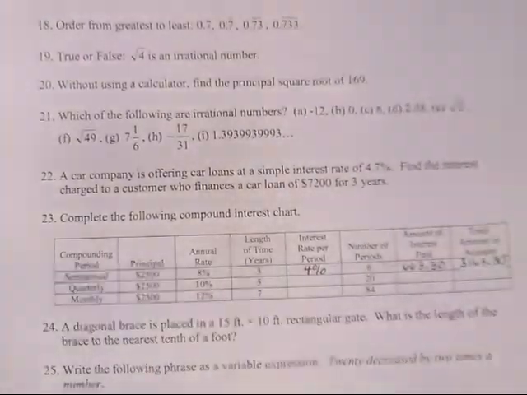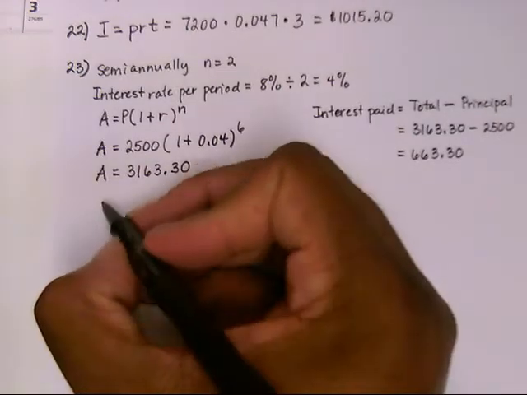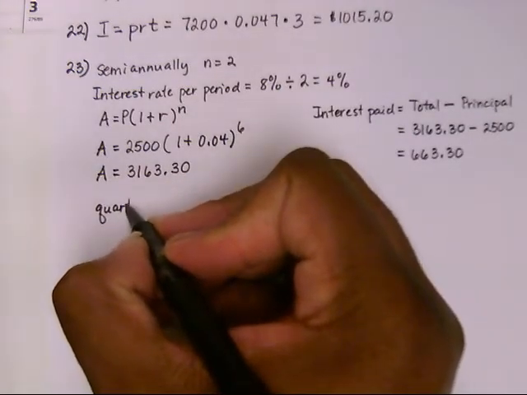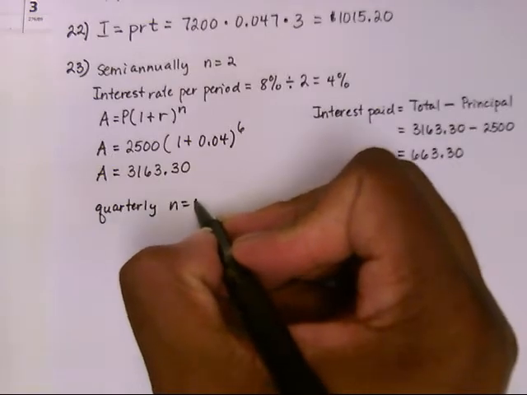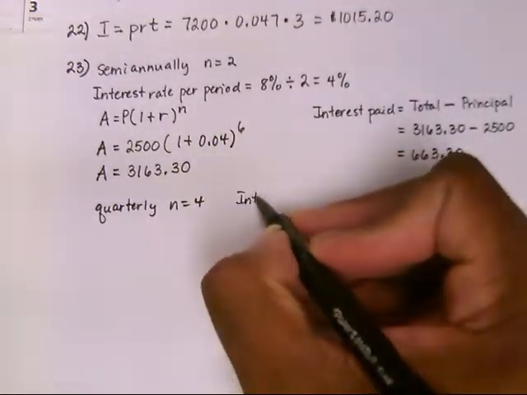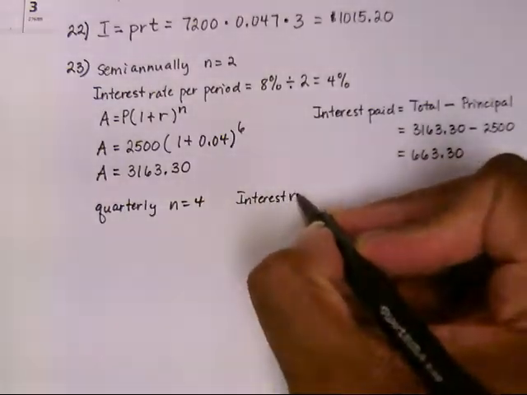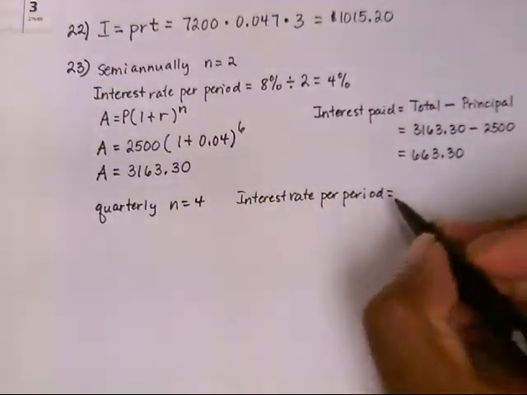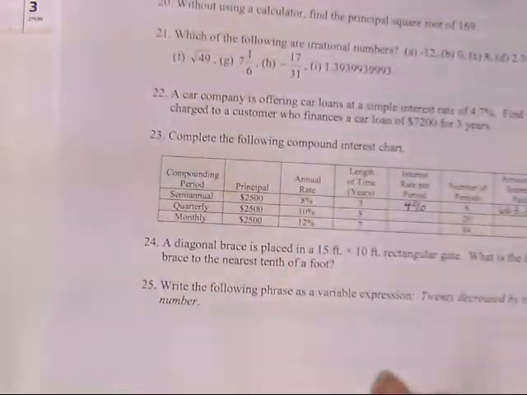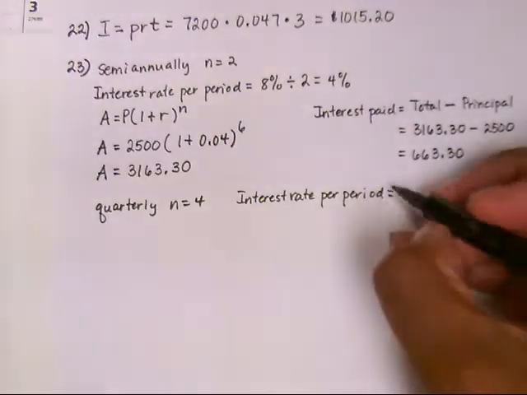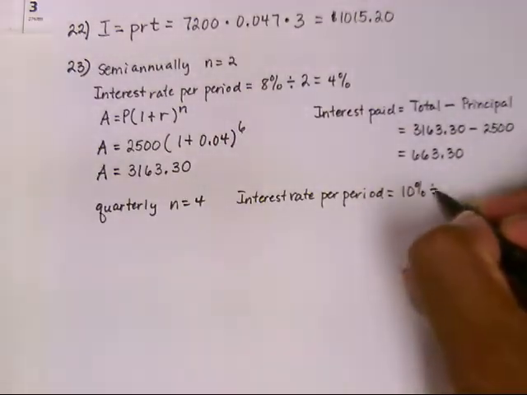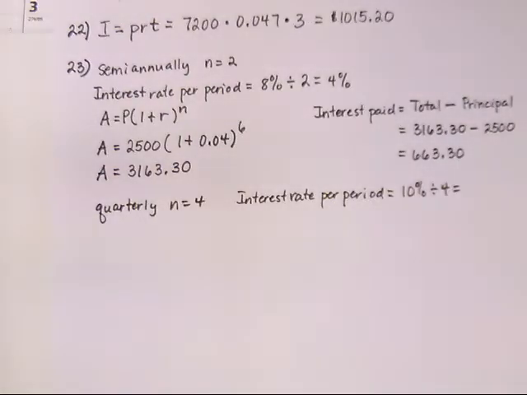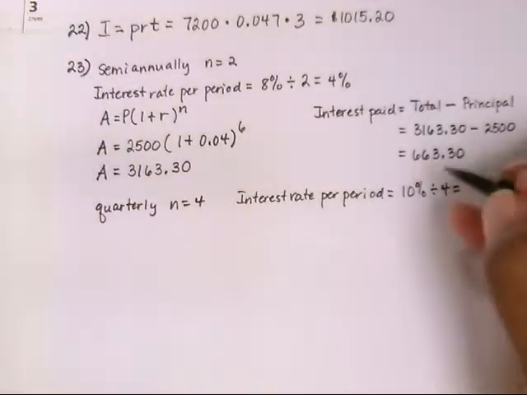Now for quarterly, there are 4 compoundings in a year. So let's do that one. So the interest rate per period, that interest rate was given to you as 10% in that problem, so it'll be 10 divided by 4. 10% divided by 4 will be 2.5%.